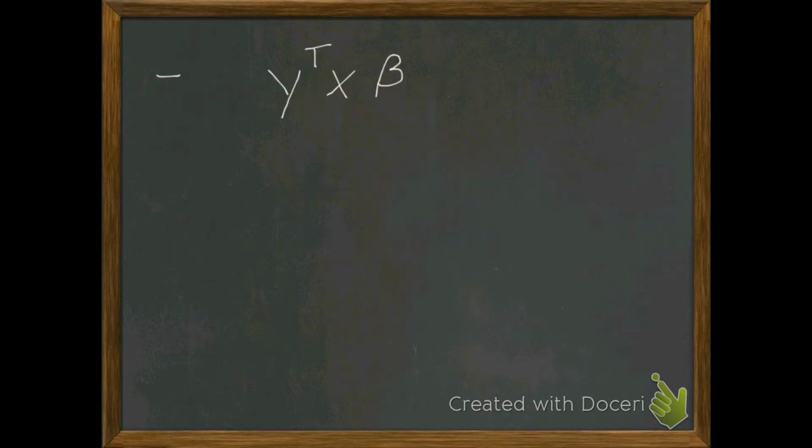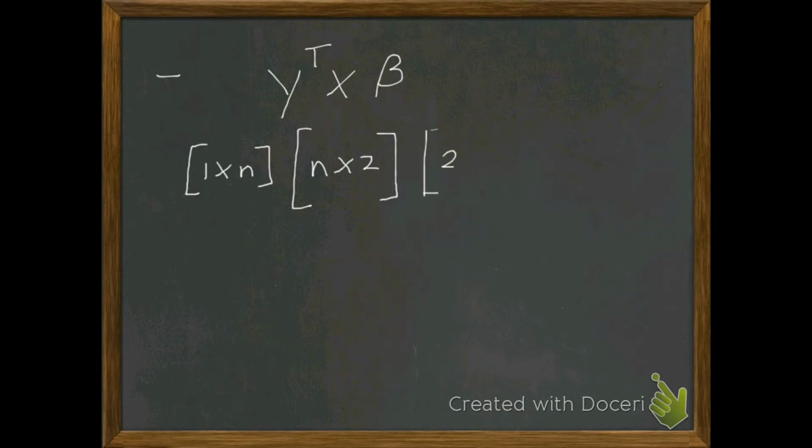Now, our y is going to be an n by 1 vector, so the transpose is going to be a 1 by n vector. X is going to be an n by 2. And the beta matrix is going to be a 2 by 1. Now let's examine this part right here. The product here is going to be a 1 by 2.